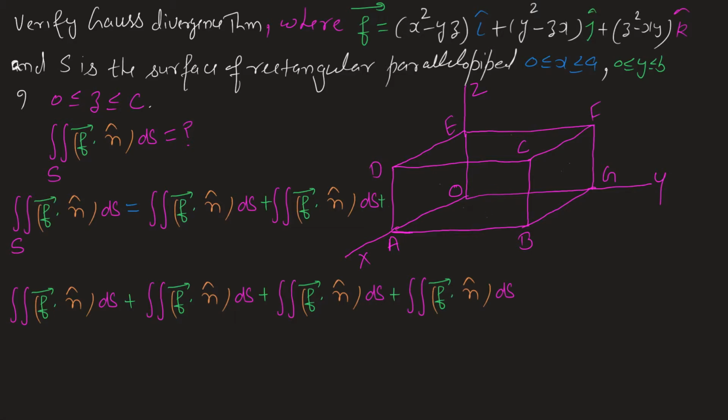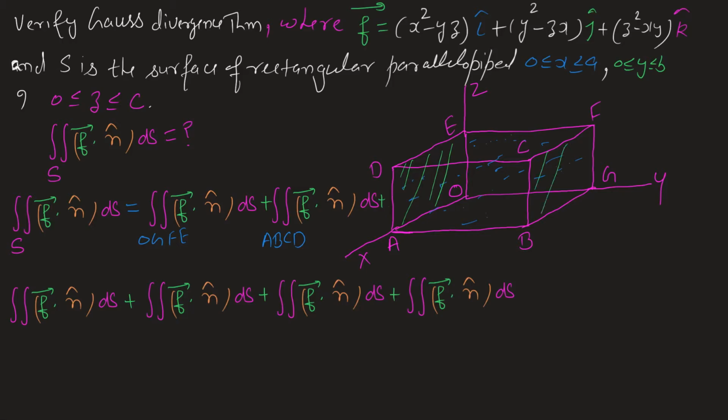First, I will be writing these two faces: O, G, F, E, and next A, B, C, D in the anticlockwise sense. Now write down this face.